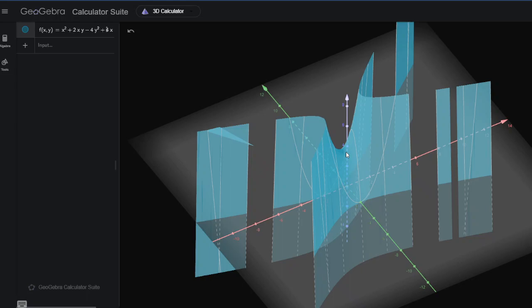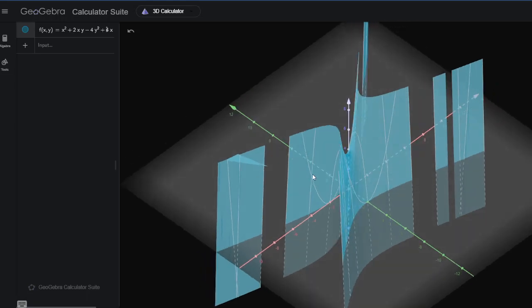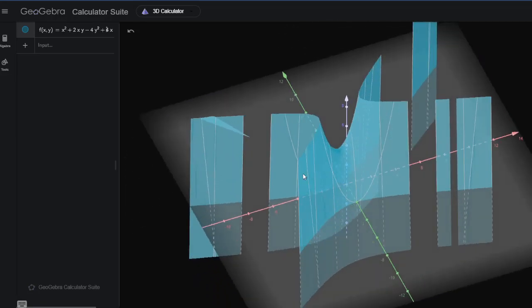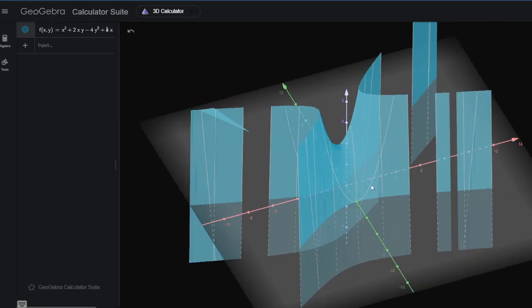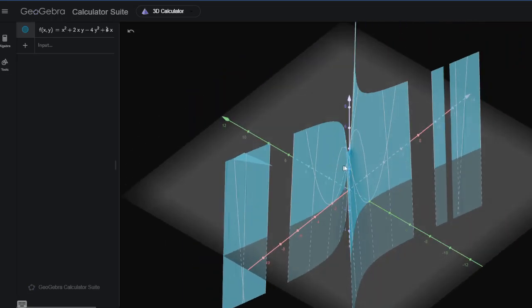Now, right now we're just identifying critical points, but the next question we'll get into is, okay, is it a max or a min? And what you might see here is that it really doesn't look like it is. Even though it does have that dip in it, it's not really looking like it's the lowest point anywhere, right? Because on the sides, all these points are lower than it.